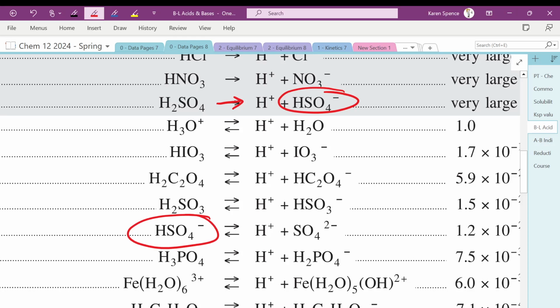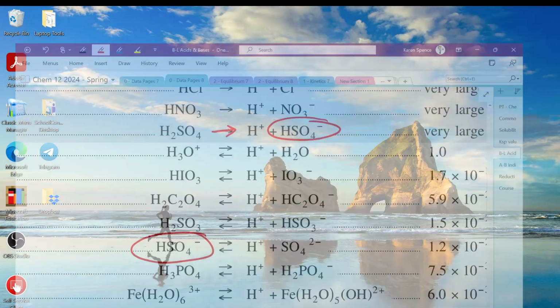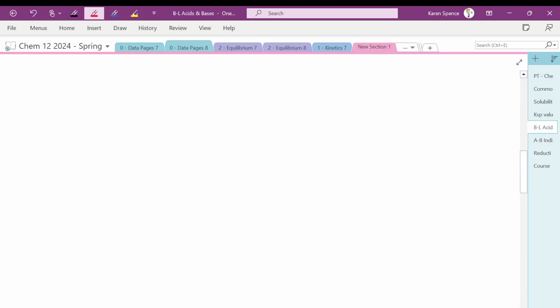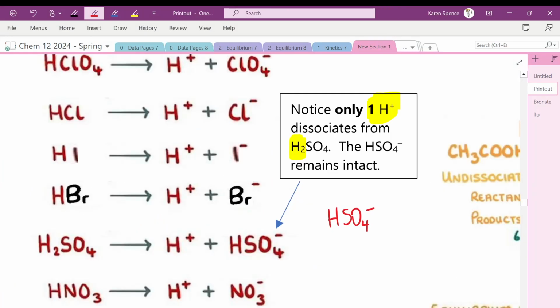Now, what kind of an acid is HSO4 minus? It is a weak acid. It's in that white middle section. So W for white, W for weak. Yes? Gray section is for the strong ones. Okay. So here we go. So HSO4 is a weak acid. So it mostly stays together.